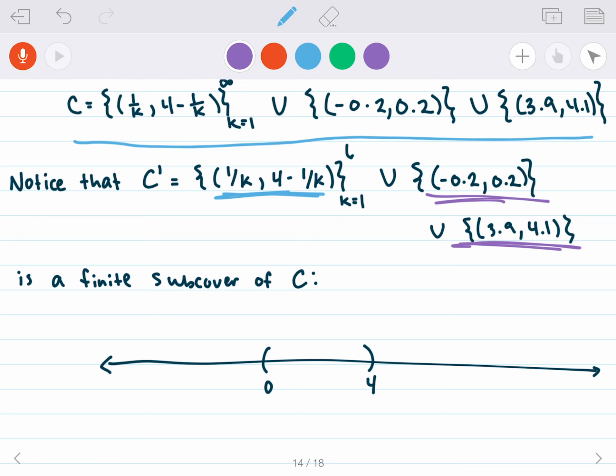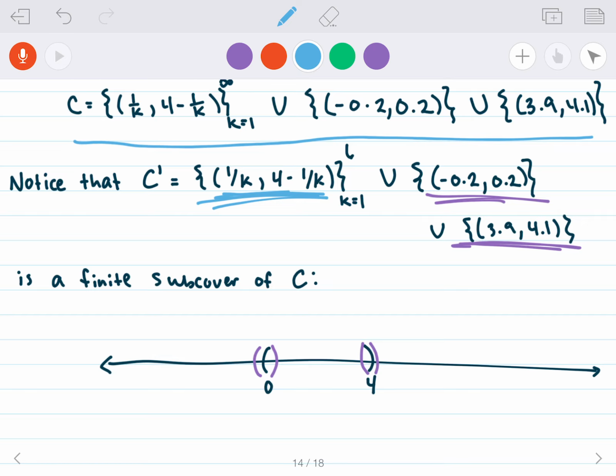With my purple, I have negative 0.2 to 0.2. That's going to be something like this. Again, rough pictures here, guys. 3.9 to 4.1 is going to look something like this. So that covers those little endpoints. And then this piece right here, if we go from k equals 1 to 6, we're going to cover the rest of this stuff.